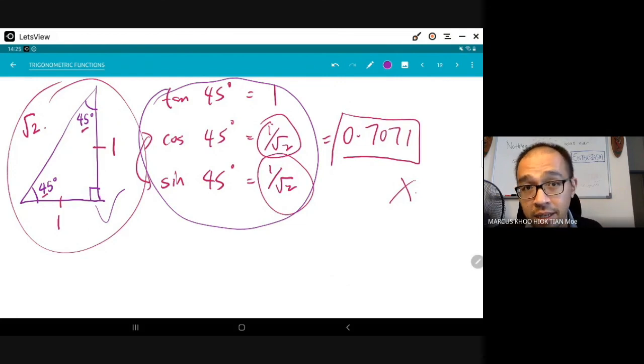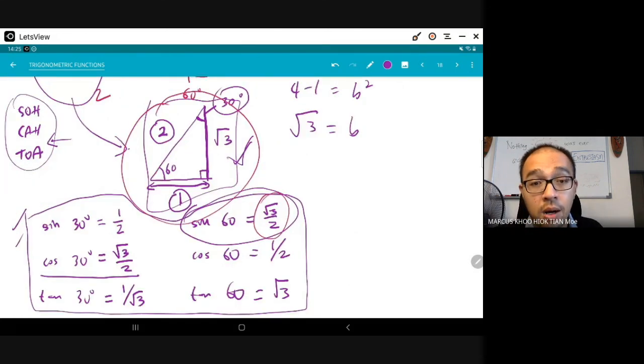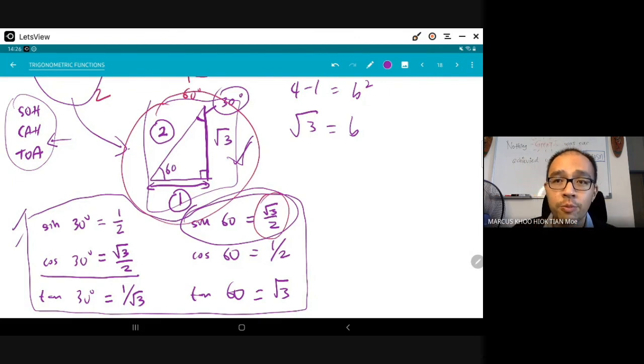The triangle is a guide that can help you. 1, root 2, 45, and then the other one is 1, root 3, 2, and then 30 and 60. When you can memorize the triangle, you can get all the information. For me, I would prefer to memorize the triangle rather than the 9 values.